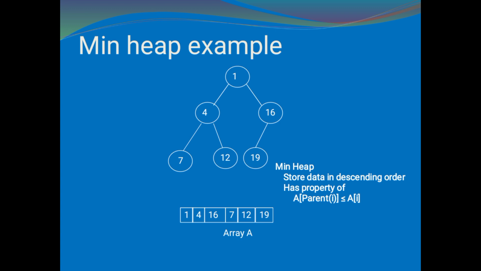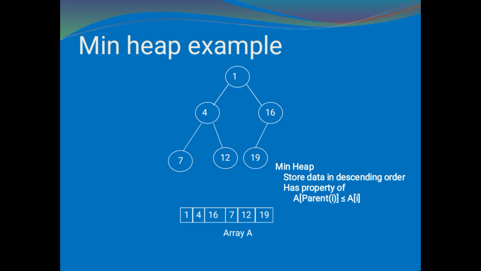That is, the parent will be having the smallest element compared to the children. Here compare 19 and 16. 19 is bigger than 16. So 19 is a leaf node, or child, of 16. That is, the child node is having the big element and the parent is having the small element. So it satisfies the min heap.